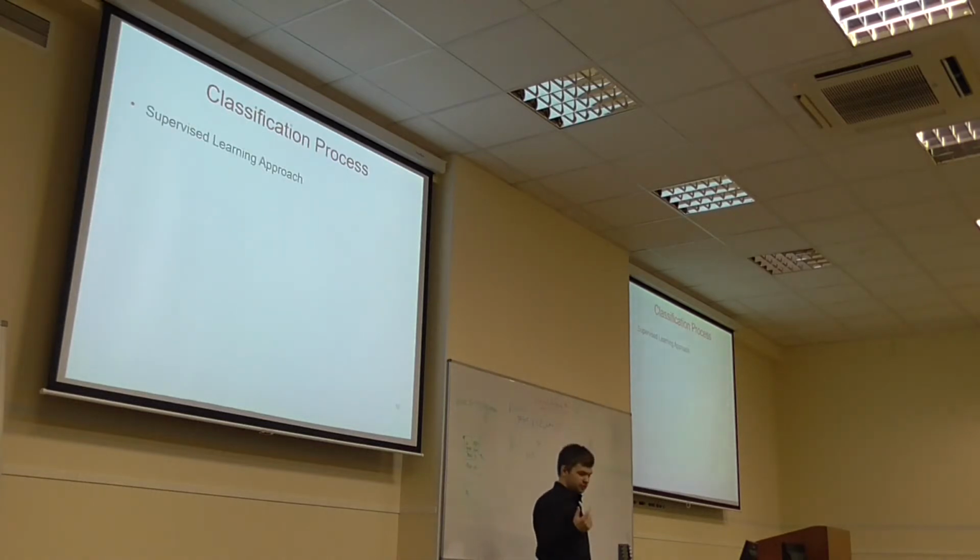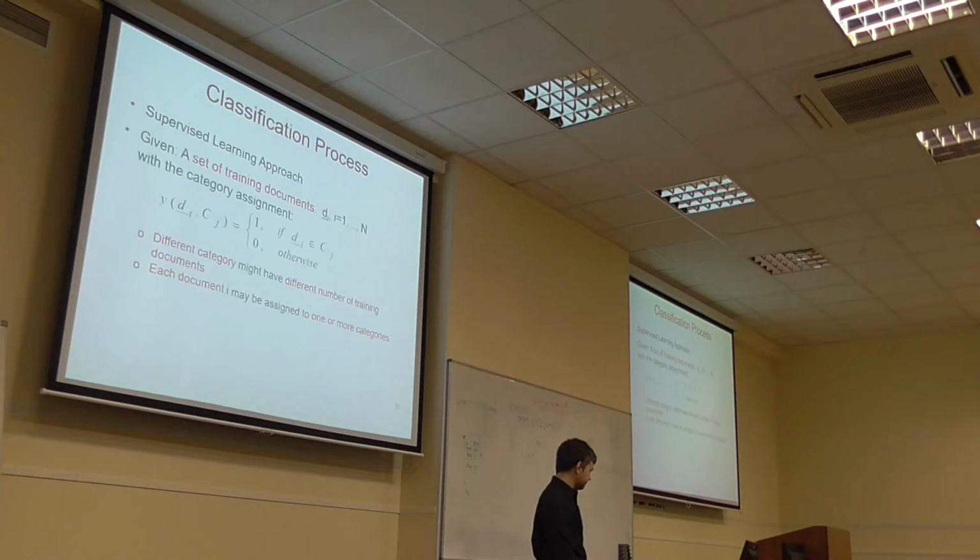So the process of classification is as follows. We have a set of training documents, and each document is represented by a feature vector. We also have a category assignment. Let's say in our case it is a binary case, so a document either belongs to the category or doesn't belong to the category.